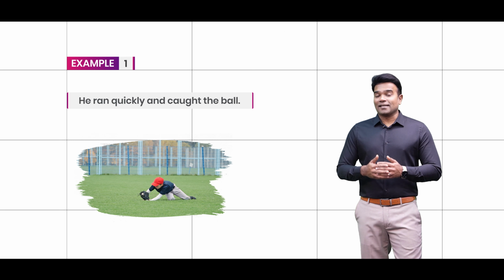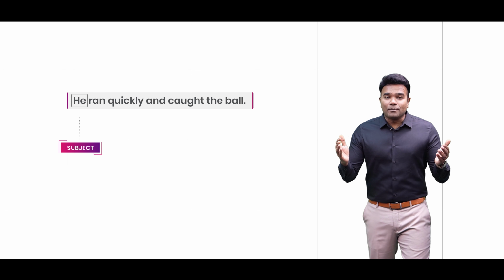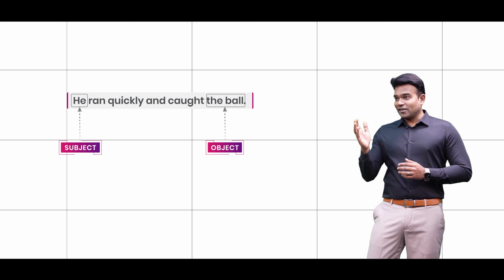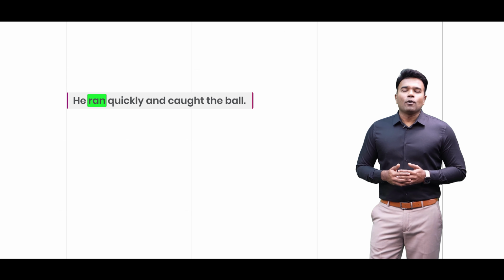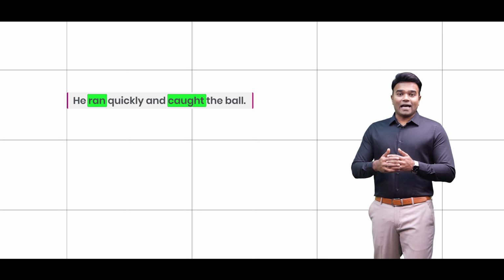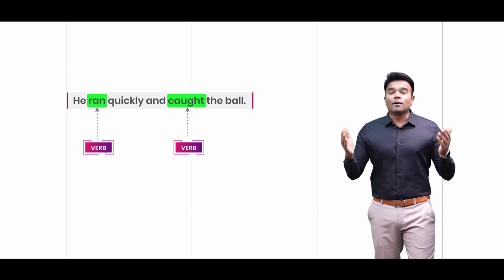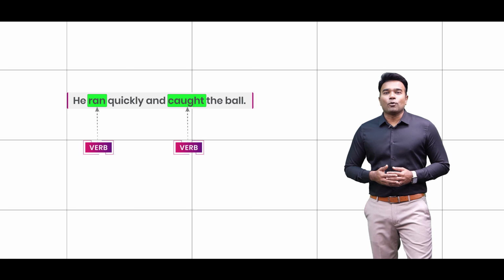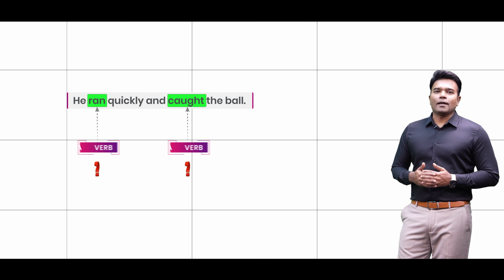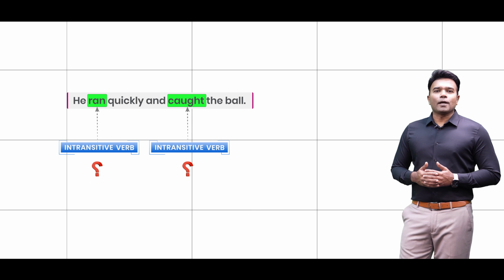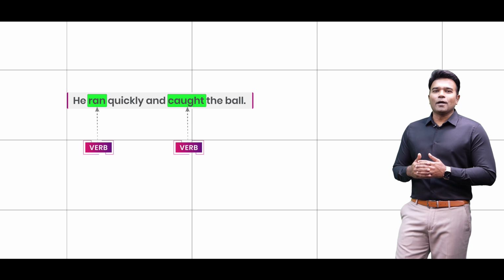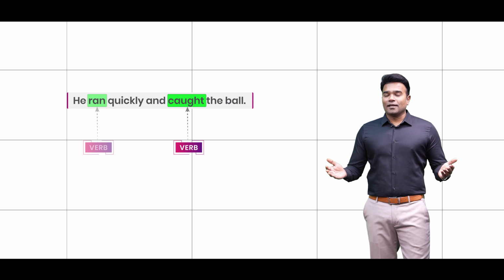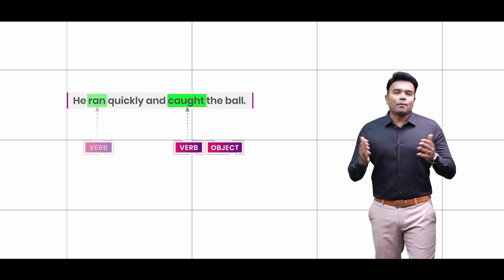Well, in this sentence, he happens to be the subject and the ball happens to be the object. And I'm sure you can also notice that ran and caught happen to be representing actions and hence they are the verbs. But then the real question is, amongst the two verbs, which one is the transitive and which one is the intransitive verb? Well, by now I'm sure you are able to identify that caught is such a verb which definitely requires an object, which is the ball.